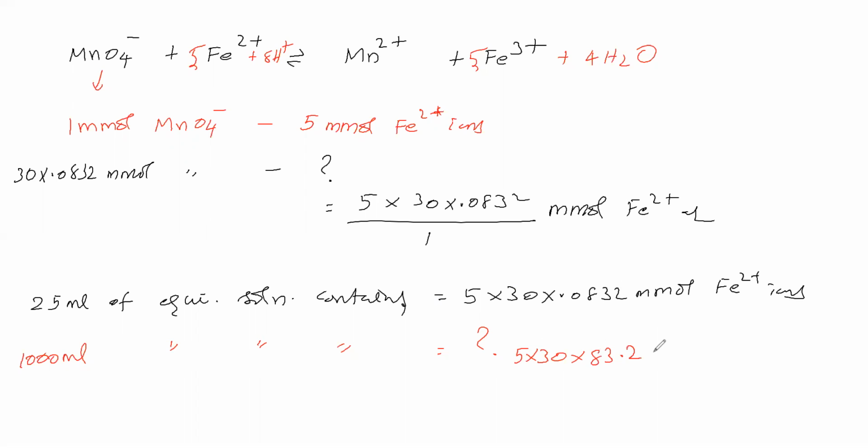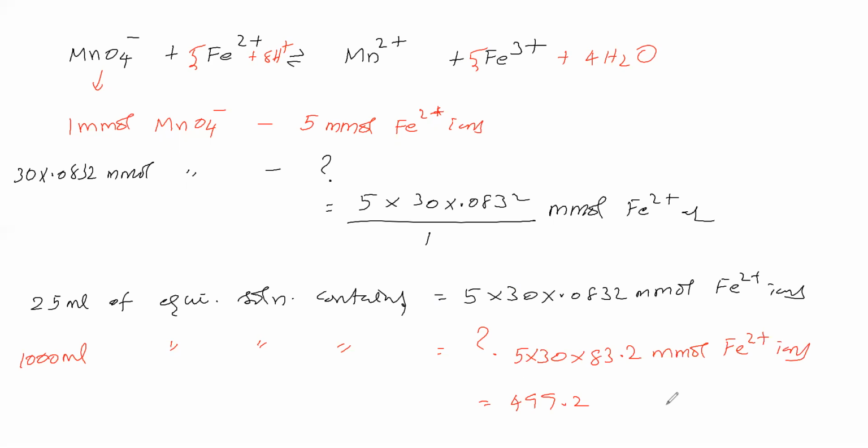Therefore 83.2 millimoles of Fe2 plus ions, and on simplification we get 499.2 millimoles of Fe2 plus ions in the equilibrium solution.